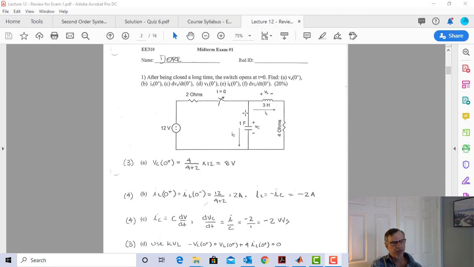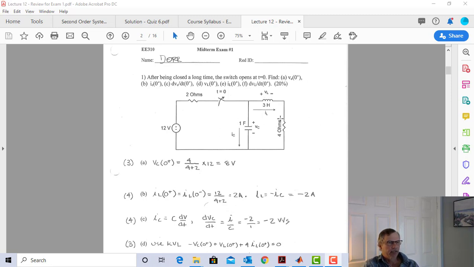So this voltage is going to be the same at t equals 0 plus, but I'm not going to change the current in the inductor. So whatever current was coming from this end, from over here, when I open that switch, that current's going to be coming out of this capacitor because I can't change the inductor voltage quickly. Okay, so that's all good. What else do I know?